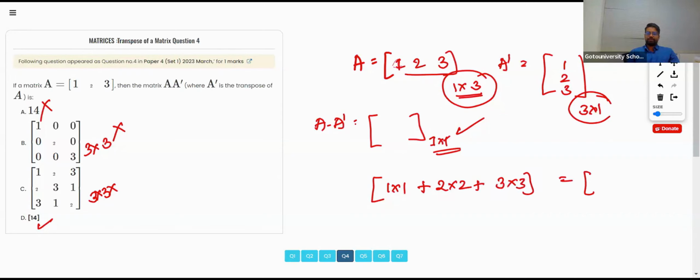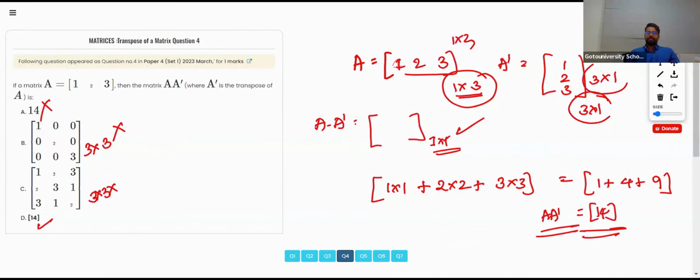So it's only one element, which is 1 plus 4 plus 9, which is 14 inside the bracket because it is a matrix. So the product of A and its transpose has become 1 cross 1 because it's a row matrix of the order 1 cross 3 multiplied with the column matrix of the order 3 cross 1, its own transpose, which will give you simply 1 cross 1. Simple? Yes. So this is a very interesting question, right?